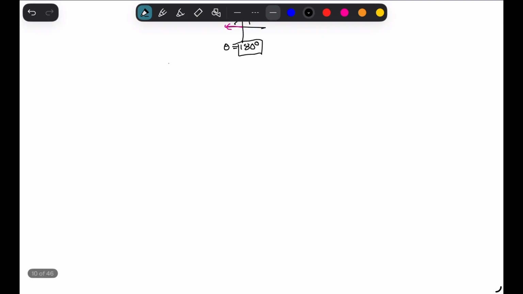Now, let's say that h has a magnitude of 5, direction of 0 degrees. And let's say k has a magnitude of 12 and a direction of 180 degrees. And we want to find the magnitude and direction of h plus k. How we're going to do this is we can interpret each vector.